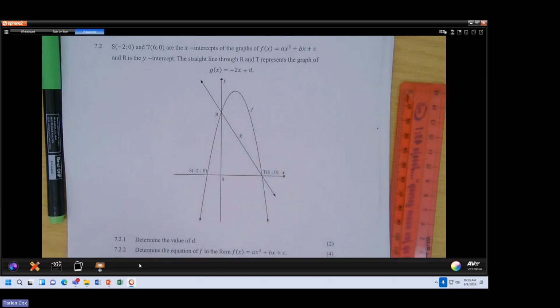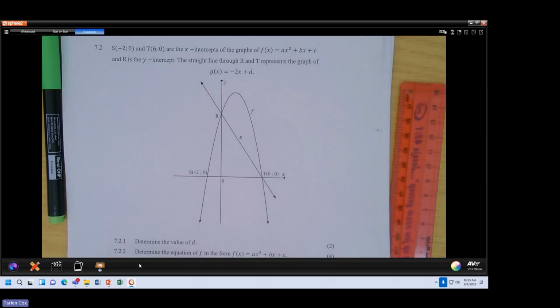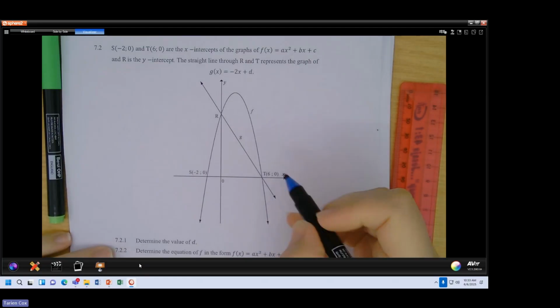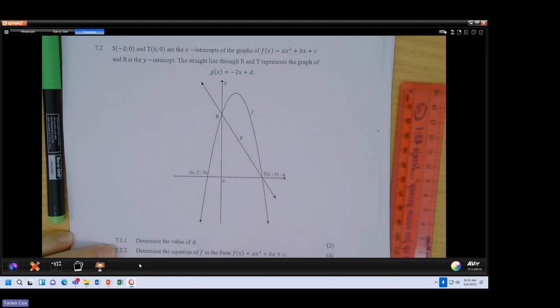So how would I get that value? How many unknowns do we normally say there are here? We've got y, we've got x, and then we've got d. But x and y are not seen as unknowns, because the moment I replace x and y with a coordinate that has an x and a y value, I only have one unknown, which would be d. So then I can solve it. So the goal would be to take a coordinate on this line, which is the point T, and substitute it into the equation.